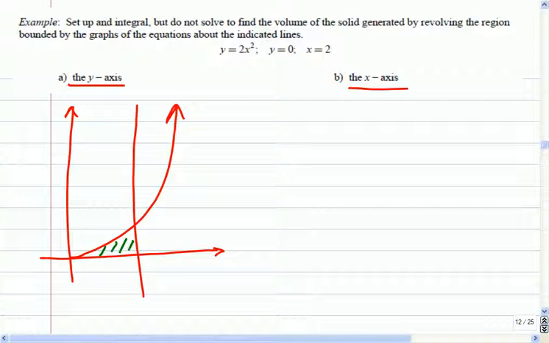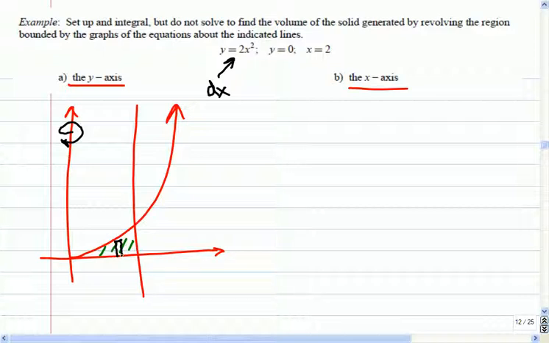And it's going to want to take that region and revolve it around the y-axis. The way I've got this set up, it would be nice if I could use a dx. So what I'll do is take a look at, if I was to go on that journey using dx, what would my problem look like?